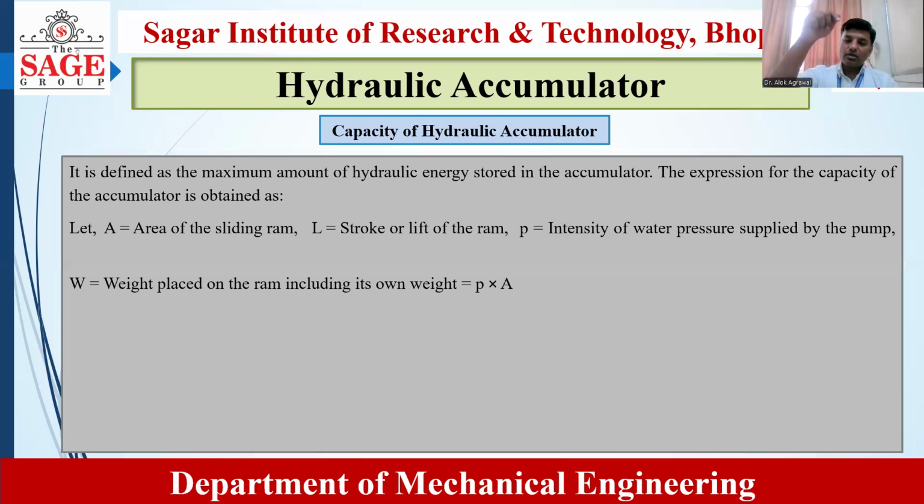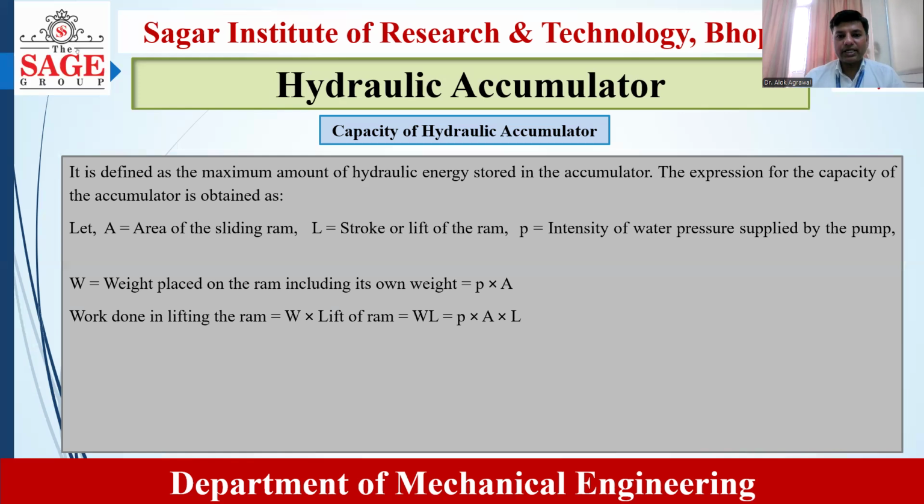That is, the force from top to bottom and the force from bottom to top will be the same. The force acting downward is the weight placed on the ram, or the combined weight of the weight placed on the ram and the weight of the ram, and that needs to be equal to the pressure force provided by water from below, which is P into A. So from here we get that weight is equal to pressure into area.